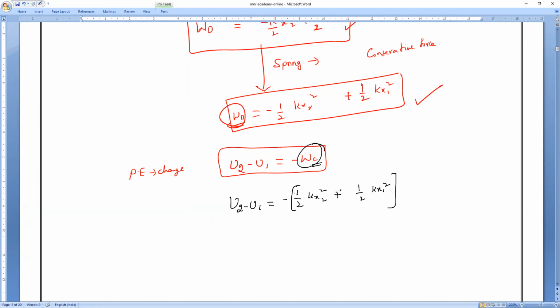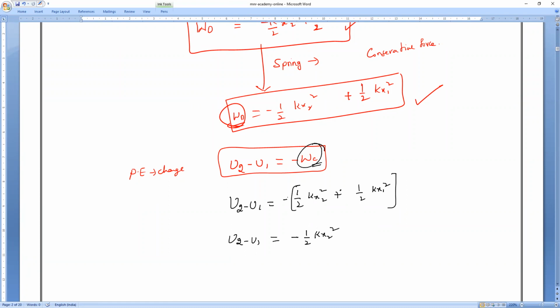Now this minus will go inside, so what will it turn into, everybody? Change in potential: minus k by 2 x2 square. Minus becomes plus, plus becomes minus. Am I right? Minus 1 by 2 kx square.